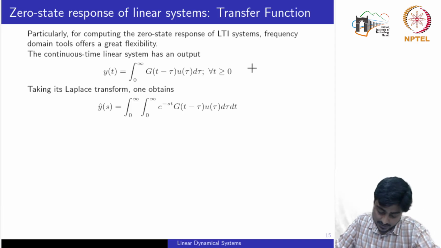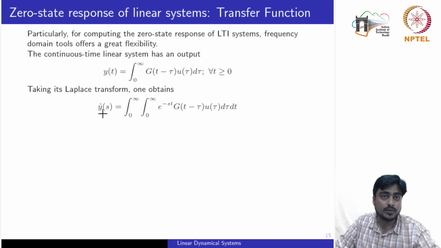Let's see the first equation, which is the basic equation we had seen from the previous result. Now if I take the Laplace transform of this part, we denote it y hat of s. Whenever we use the frequency domain transformation of any time domain signal, we introduce a hat over the same variable, as has been done here, y hat of s.